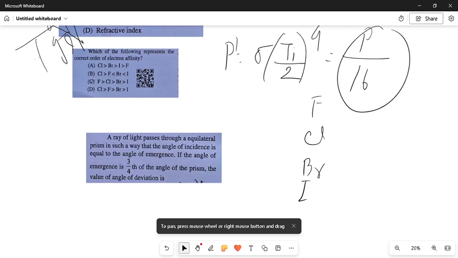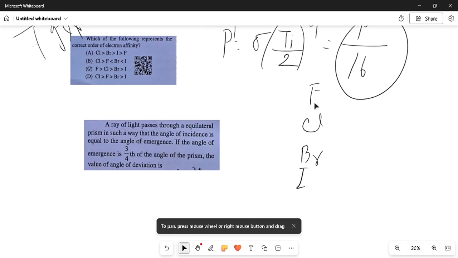And electron affinity, or electron attractive power: first fluorine, then chlorine, then bromine, then iodine. Along the line, this electron affinity reduces. So C will be the option: fluorine greater than chlorine greater than bromine greater than iodine in electron affinity. These are class 10 level questions.